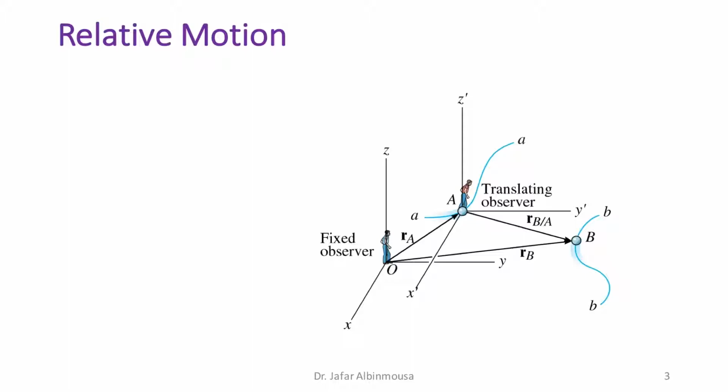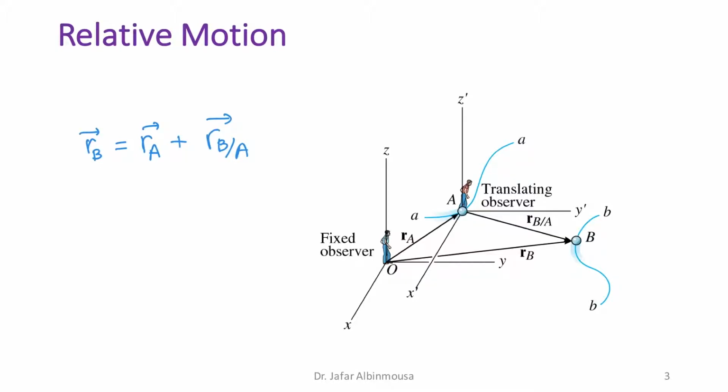So in summary, the position RB as a vector is equal to the position of A plus the position of B relative to A. It's a vector notation.